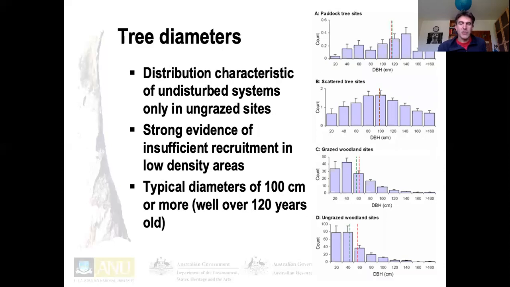In places where trees are scattered or highly isolated, type A and type B sites, we have typical diameters of 100 centimeters or 120 centimeters. A diameter of 100 centimeters typically means over 120 years old for these species of eucalypts.